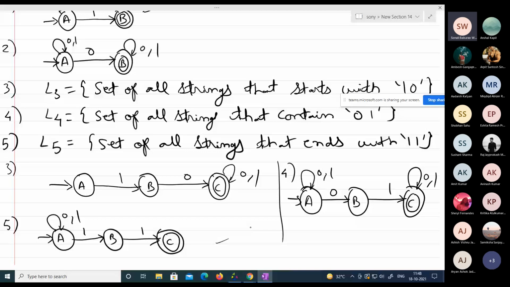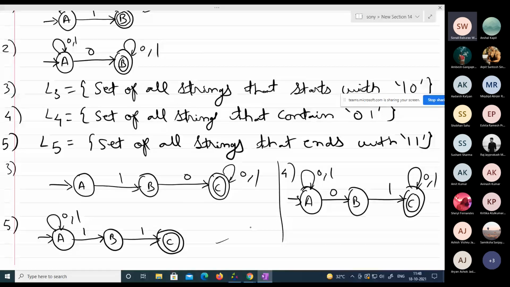Okay, so I think we will stop here, and in the next lecture we will see conversion of NFA to DFA, with 4-5 examples. The last part remaining is regular expressions.